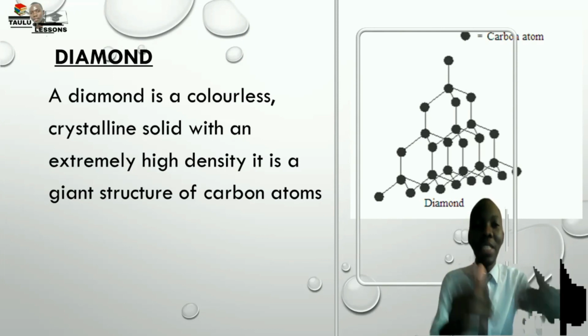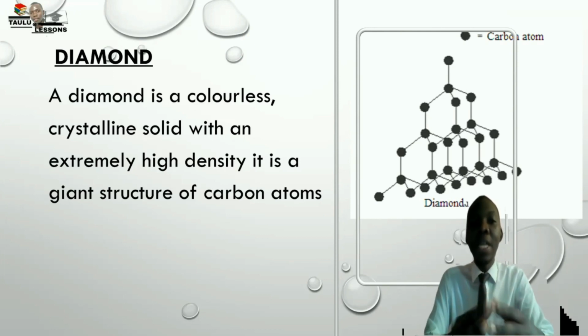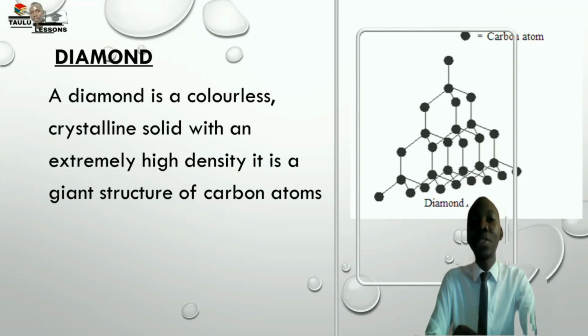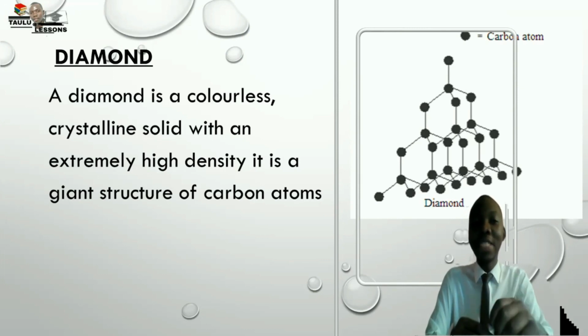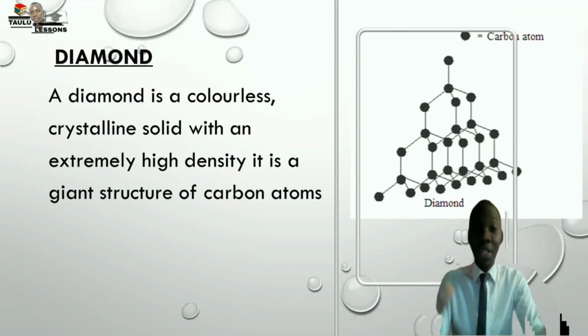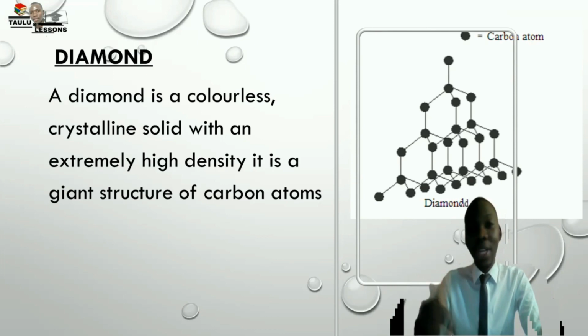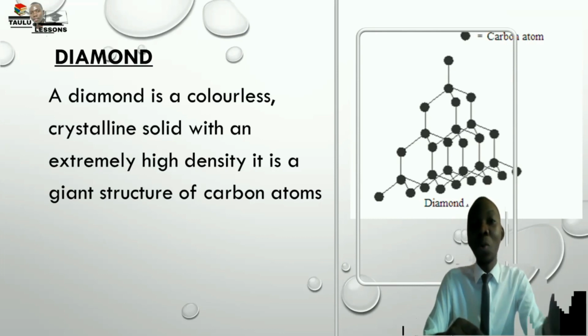For instance, this diamond is a colorless crystalline solid with an extremely high density. Graphite is crystalline, diamond is also crystalline. But there's a difference. Graphite was dark, it was black in color. But diamonds are colorless solids.